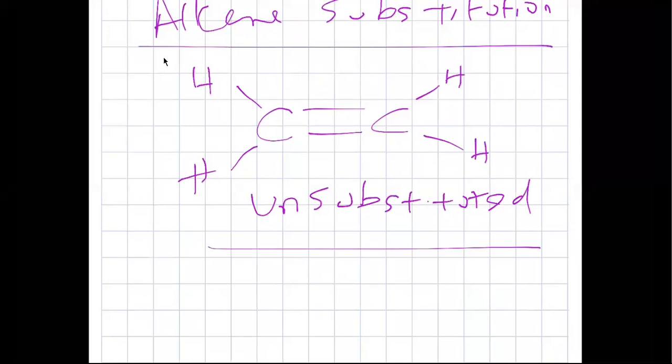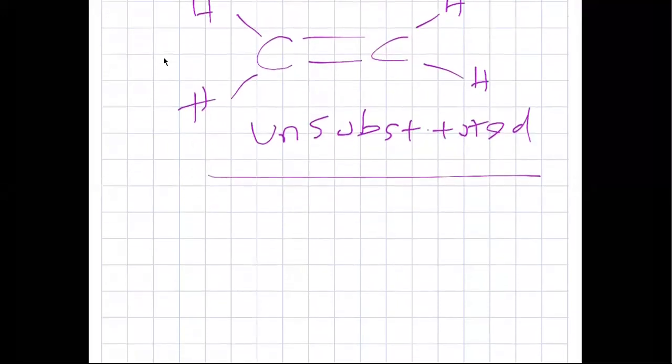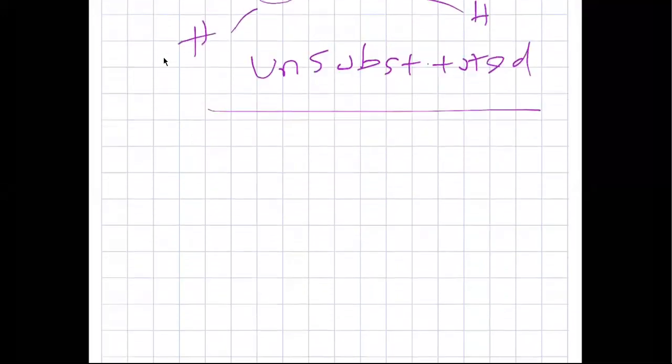If I take that alkene and I'm going to copy it so I don't have to keep drawing it. But this time I put one carbon on it.